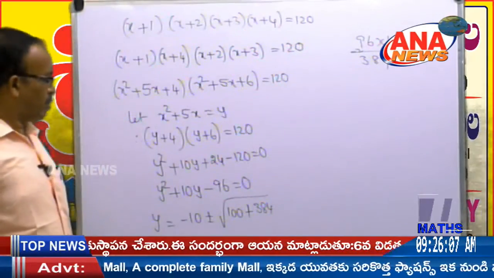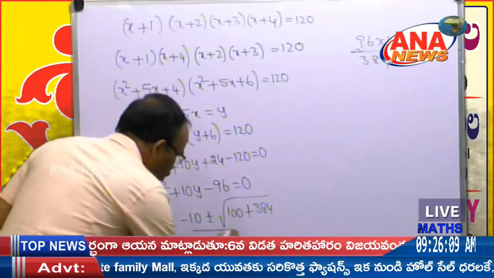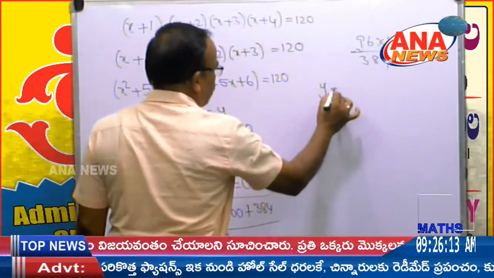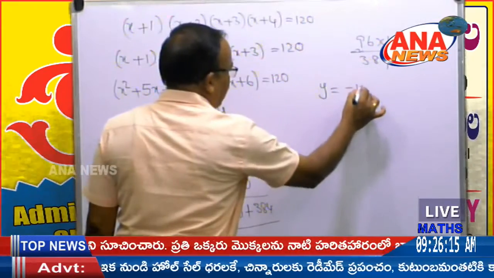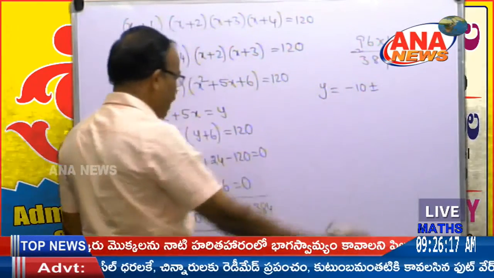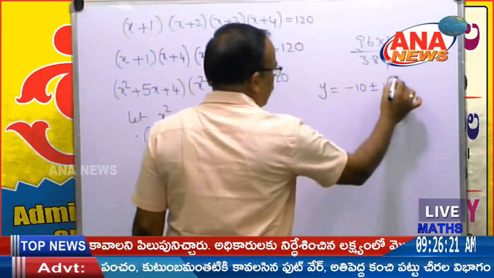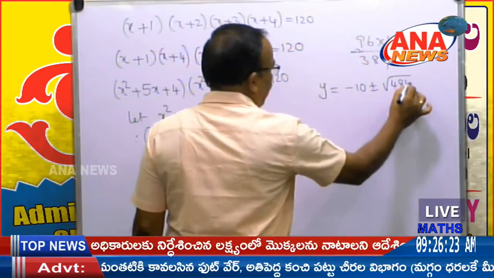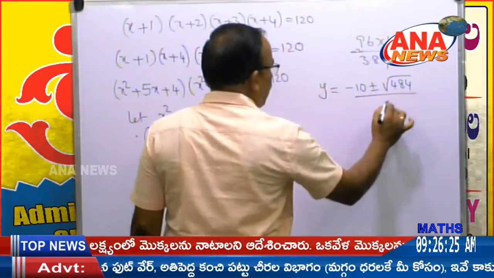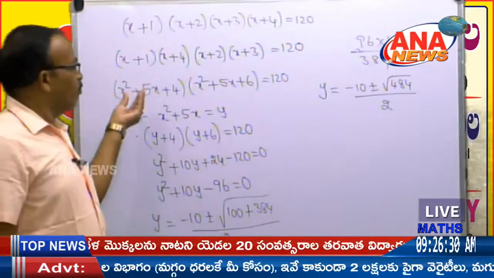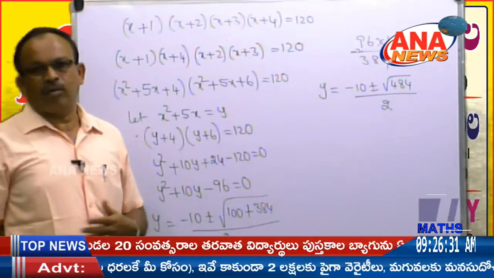So y is equal to minus 10 plus or minus root over 484, by 2a, which is 2. Now, simplify that and then put the value in this. Okay, do that.